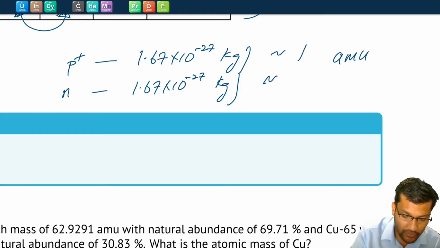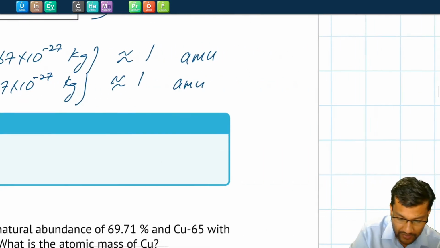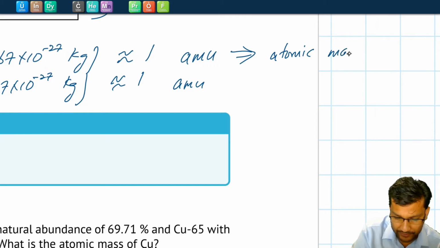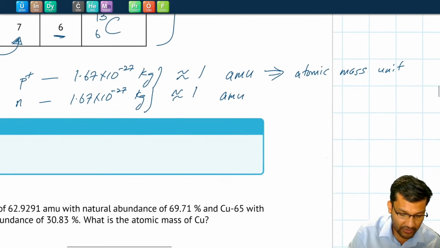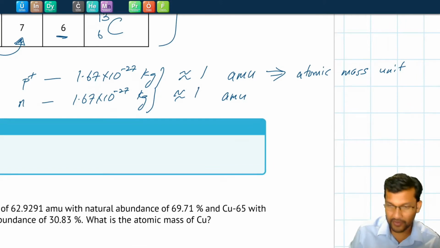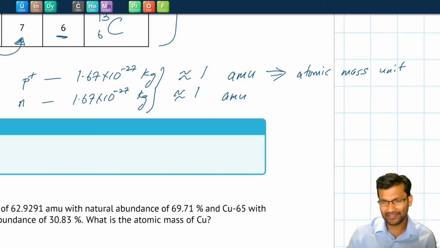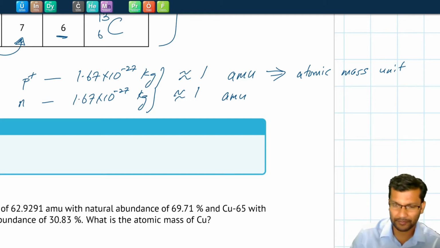So they're both roughly equal to about 1 AMU. AMU just stands for an atomic mass unit. Just for reference, the electron is roughly 2,000 times lighter, or less massive, than a proton or a neutron.